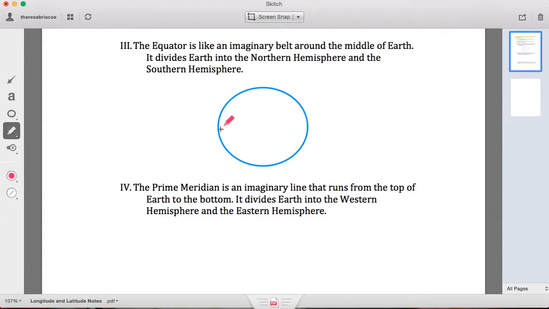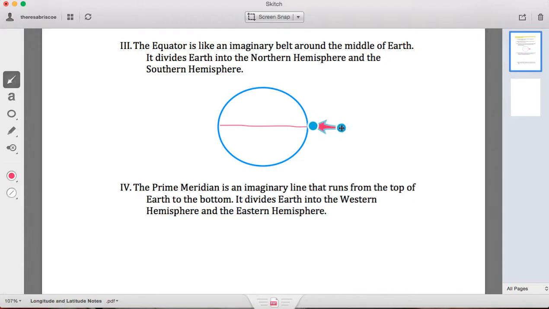So let me go ahead and draw my line. Okay. That line, we are going to say, is the equator.